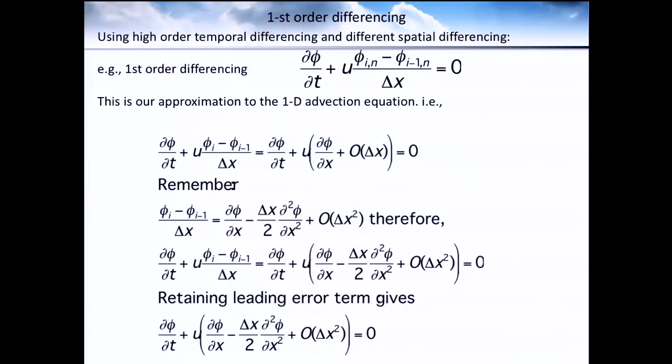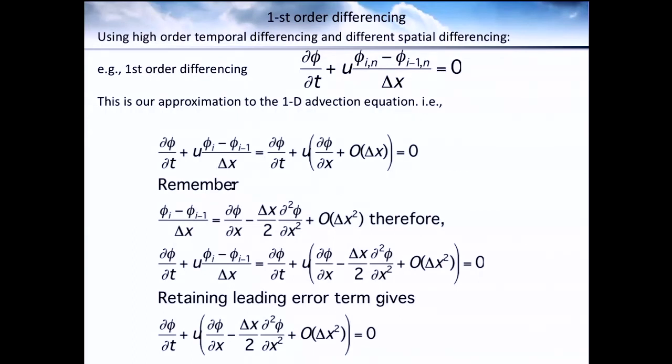And then if I divide both sides by delta x, I'll write delta x under there. What we see is that this equation, which is the difference equation we're using up there, is equal to d phi dx, and the leading order error term is minus delta x on 2 d2 phi dx squared, plus there are higher order error terms.